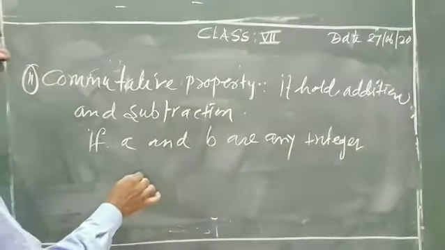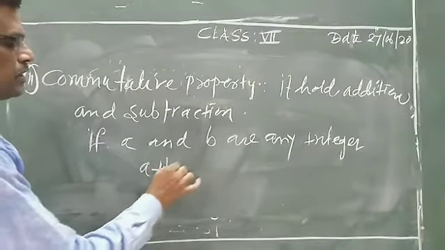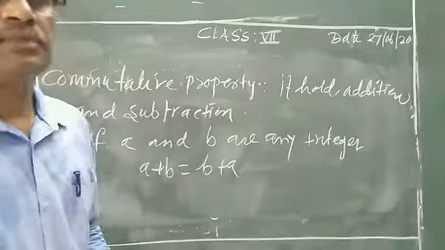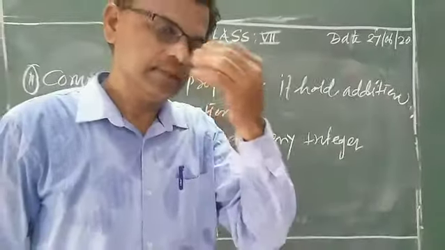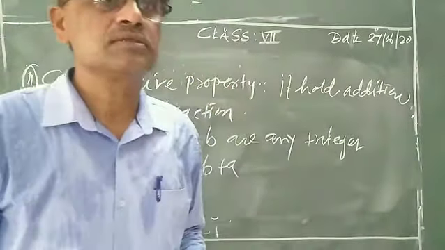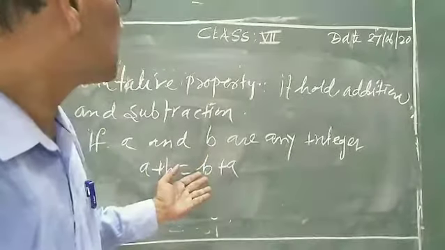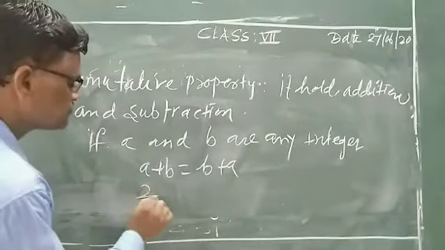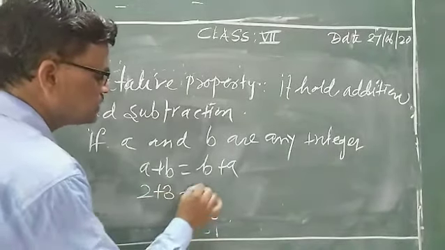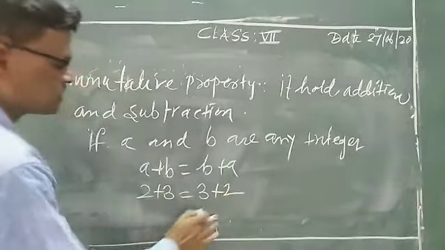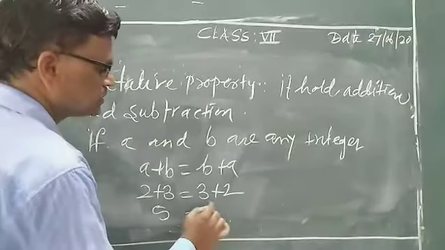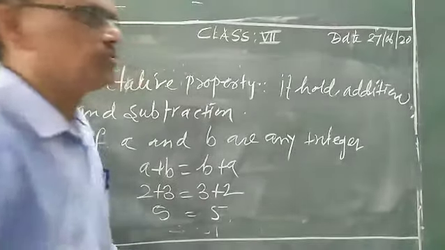then A plus B is equal to B plus A. That means when we change their order, the sum remains constant. 2 plus 3 and 3 plus 2: the sum of 2 plus 3 is 5, and the sum of 3 plus 2 is 5.